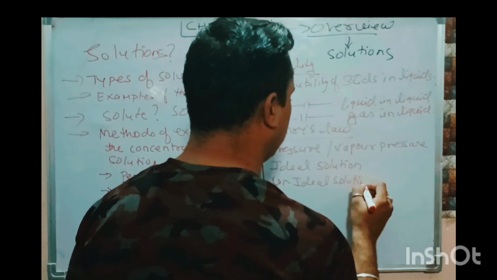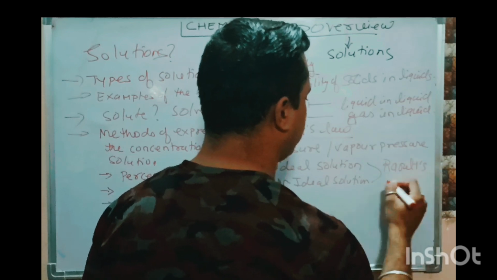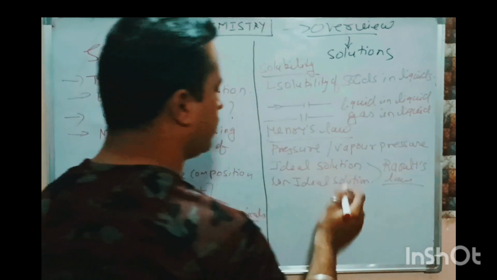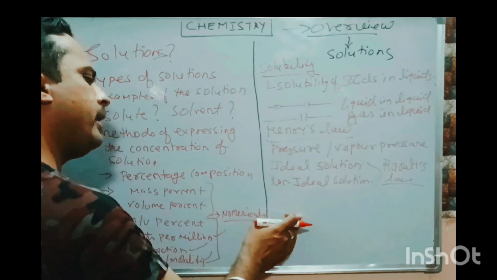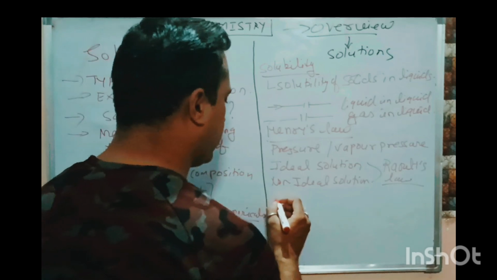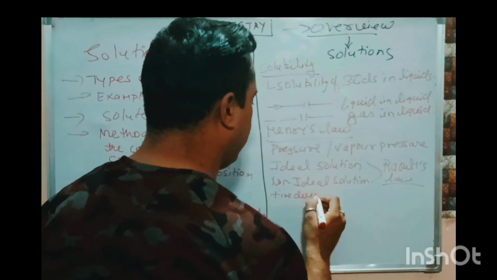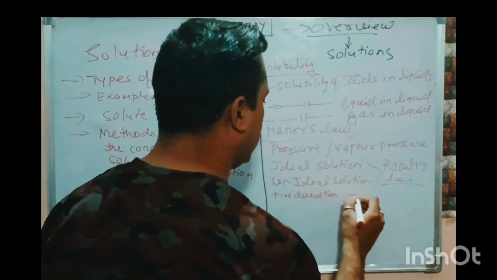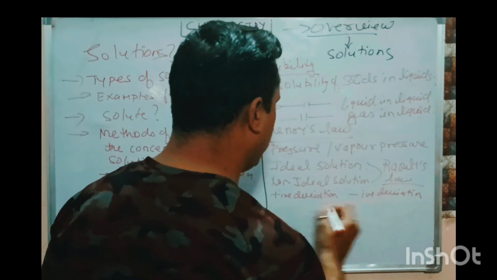Under Raoult's law, ideal solutions are those which obey Raoult's law, and non-ideal solutions do not obey the condition of Raoult's law. Then we are going to study positive deviation and negative deviation, which are part of the non-ideal solution.